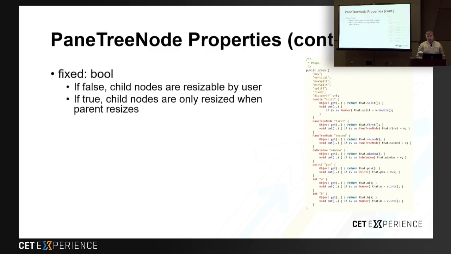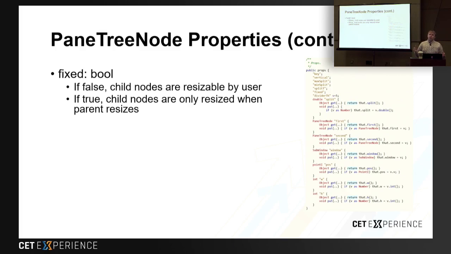There's this fixed property. So again, this is with two windows, either a left and a right, or a top and a bottom. This determines whether this is resizable by the user. So if you set fixed to true, then there will be a drag divider in between the two windows, and the user can actually click on that and pull it left or pull it right or up and down, depending on how they're oriented, and dynamically resize their own UI.